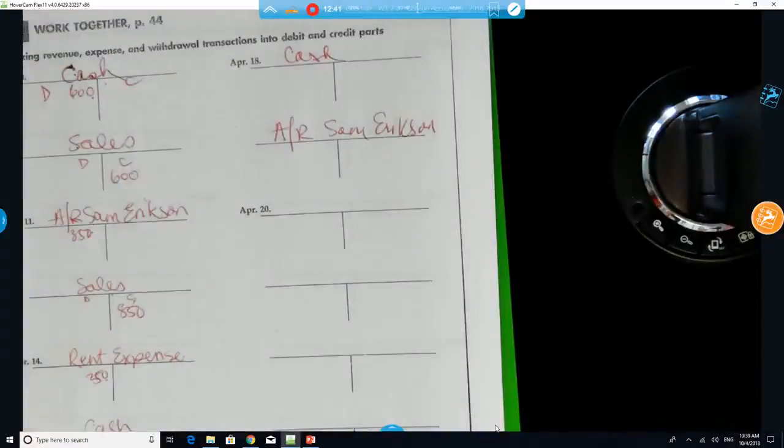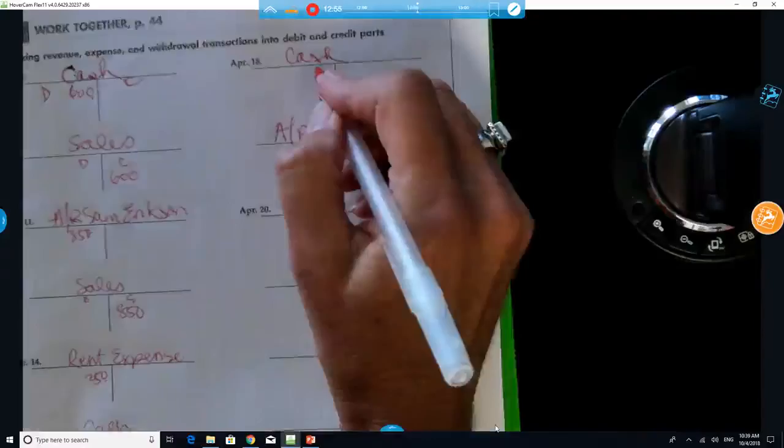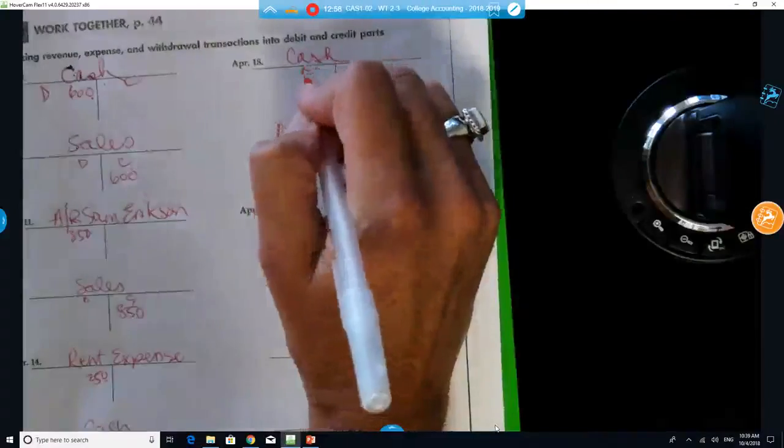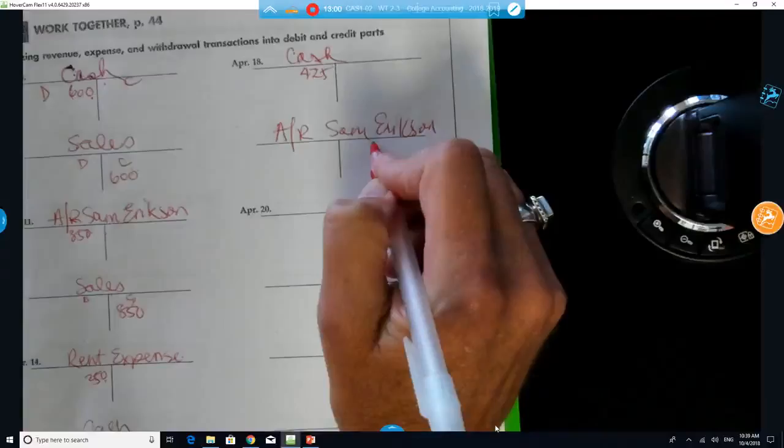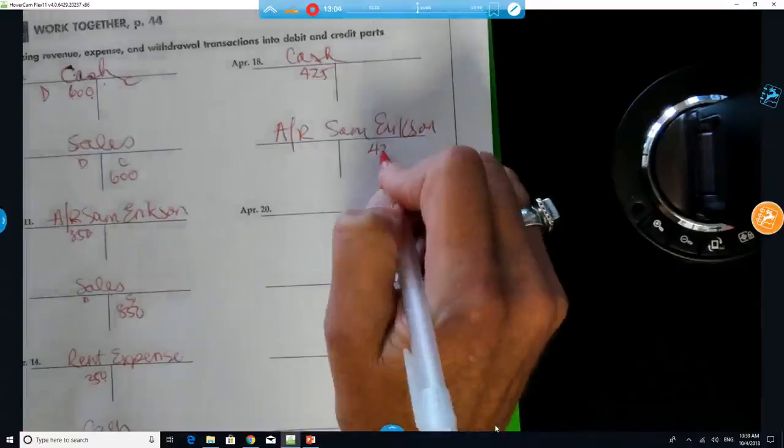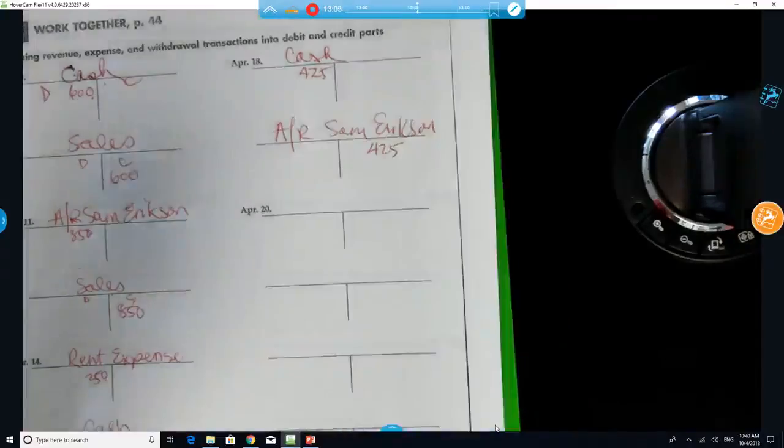One goes up, one goes down. Which one's going up? Cash. How do we know that? You heard the words received cash. So if my cash is going up, I'm going to debit my cash. And does this make sense? Sam Erickson's accounts receivable balance is going down, because I received cash from him. He doesn't owe me that money anymore.